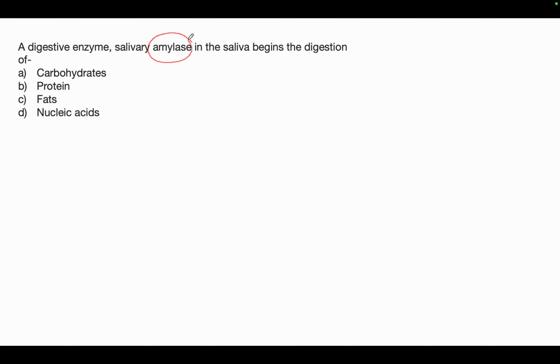The amylose structure is found in starch, which is a carbohydrate. Salivary amylase will digest carbohydrates, not protein, fats or nucleic acid.